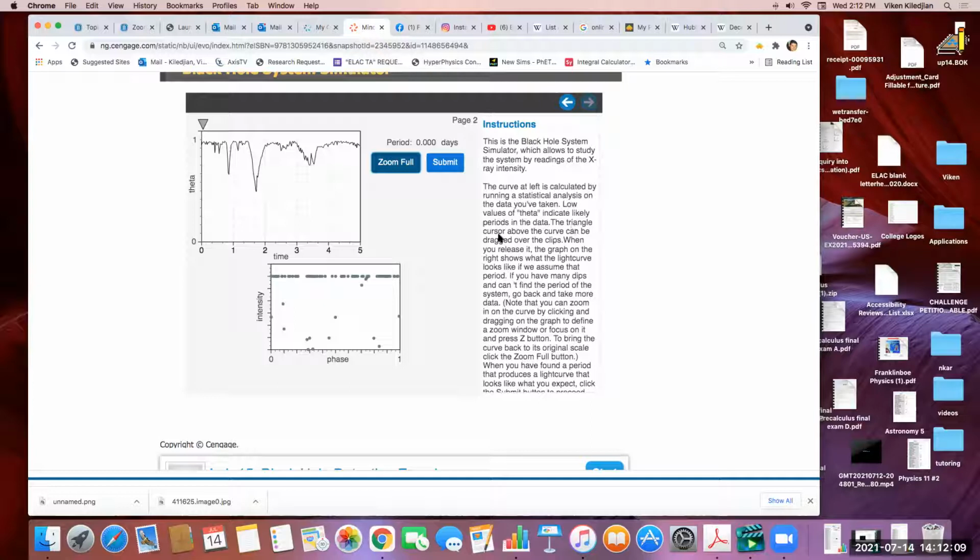The triangle cursor above the curve can be dragged over the ellipse. When you release it, the graph on the right shows what the light curve looks like if we assume that period.